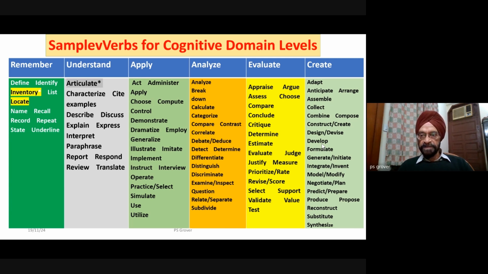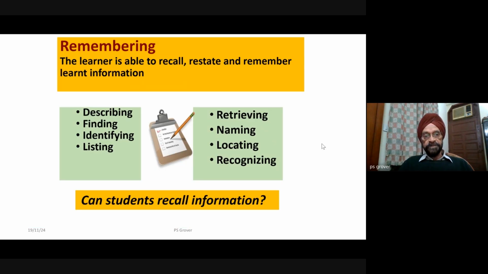If I am looking at create, I say design, produce, substitute. That means the verbs which we use to design the learning outcome of the student, what he will learn, give us a clear idea as to where we are focusing. Are we focusing at the lower levels or are we concentrating at the higher levels? Now, these verbs are an indicator for this purpose.